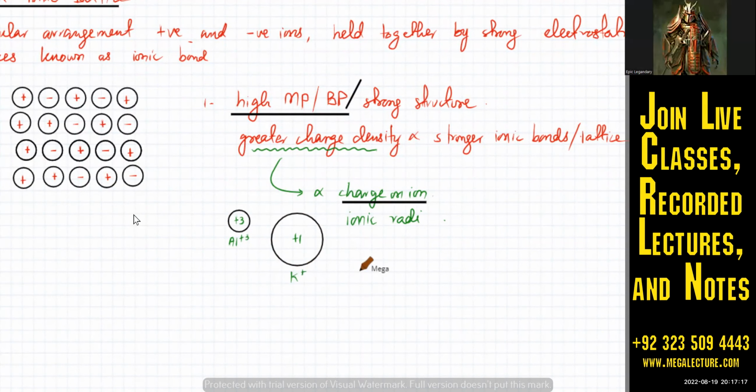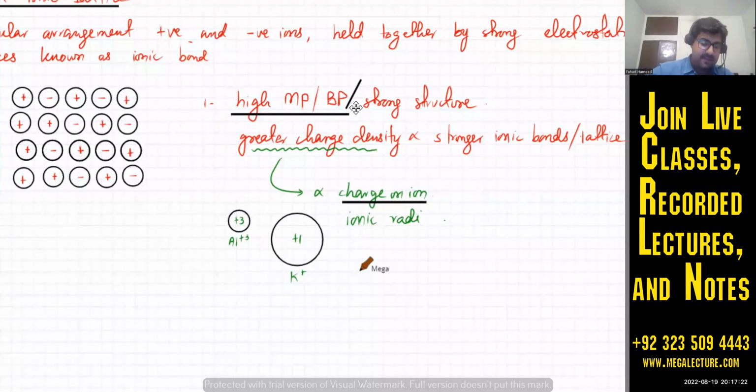Al+3. That's got a higher charge density. Al+3 is going to generate more attraction. Al+3 will be smaller, so it will be more tightly packed. They'll be closer to each other, and ऊपर से charge भी ज़्यादा, so that would lead to more attraction. So ये वाला जो है, it's got a higher charge density.